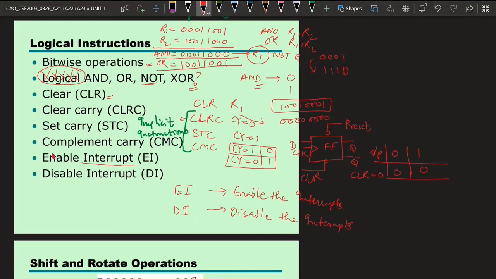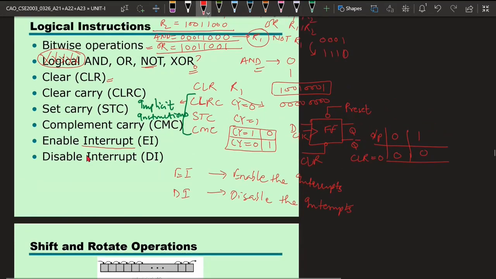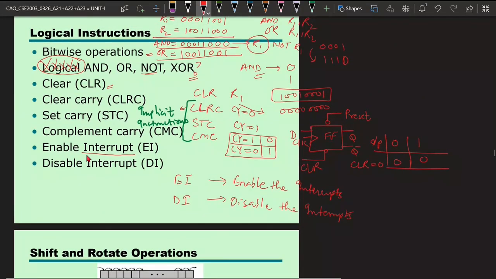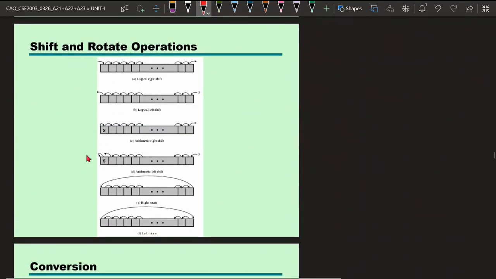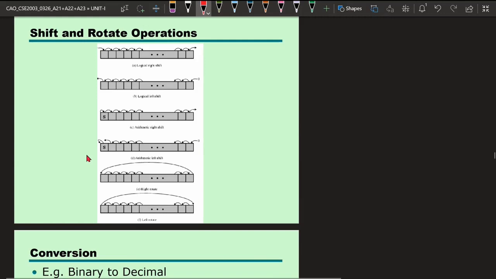So these are the different set of logical instructions. Okay, some other logical operations are there that are called shift operations.